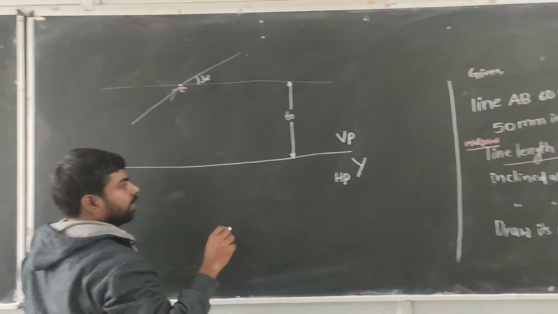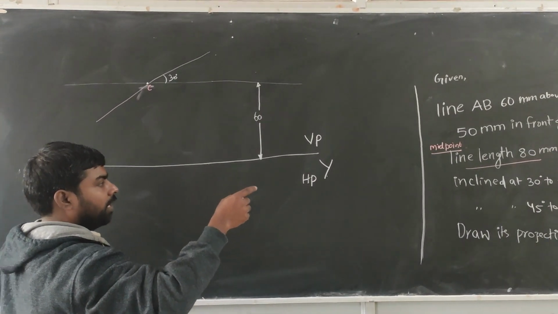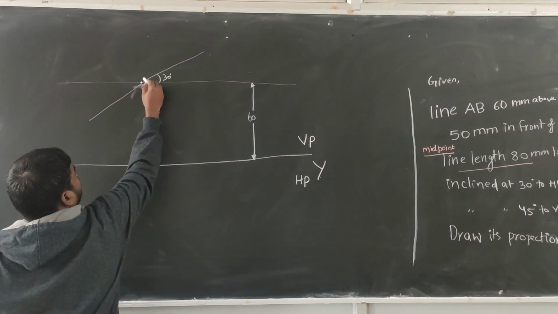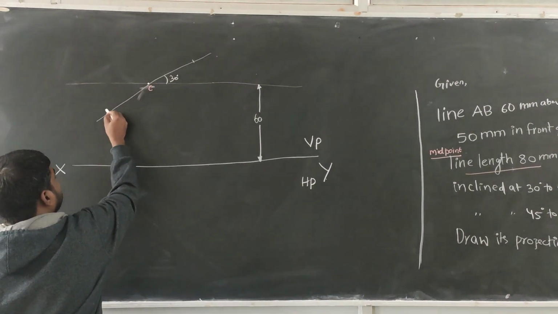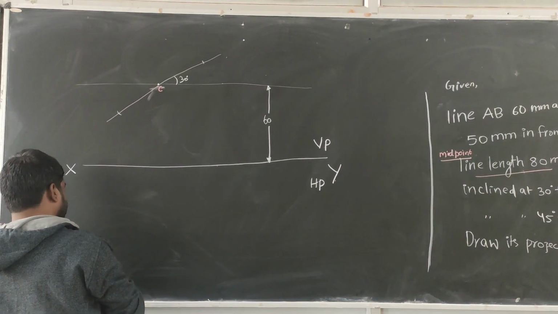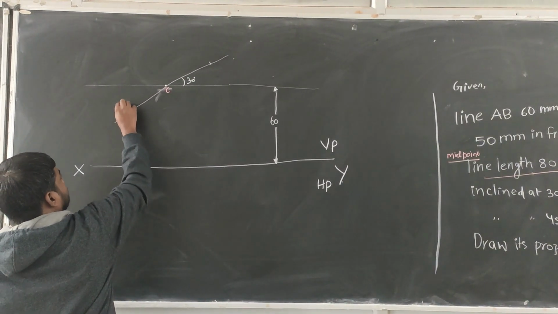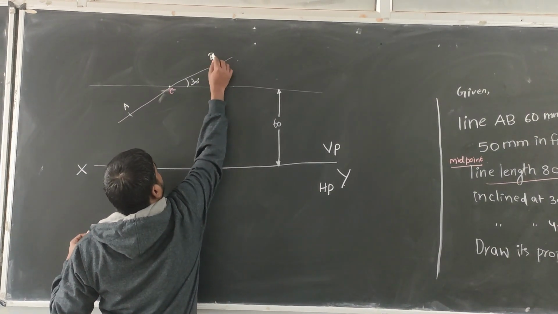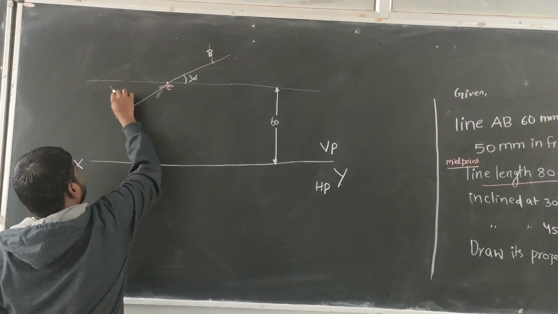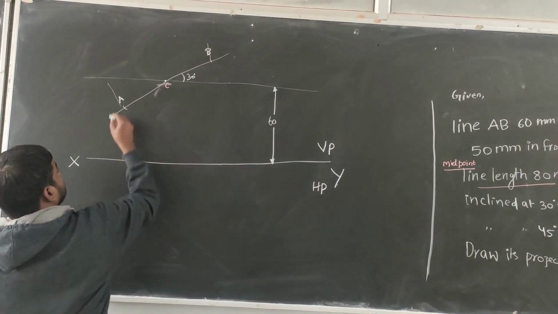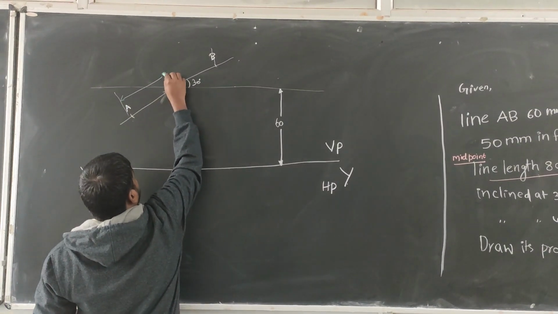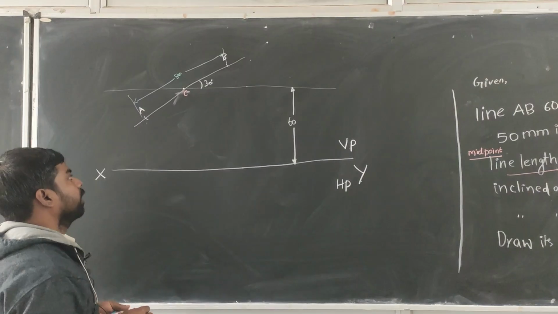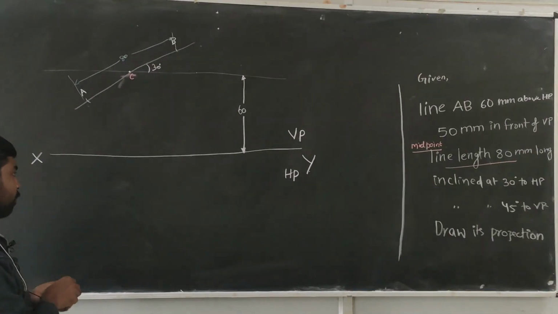Okay. Then we know the line name is AB and its total length is 80 mm, and this is the midpoint. So here 40 mm one cut and here 40 mm one cut. So the total length is 80. You will get it. Okay. Now one setup problem is over.